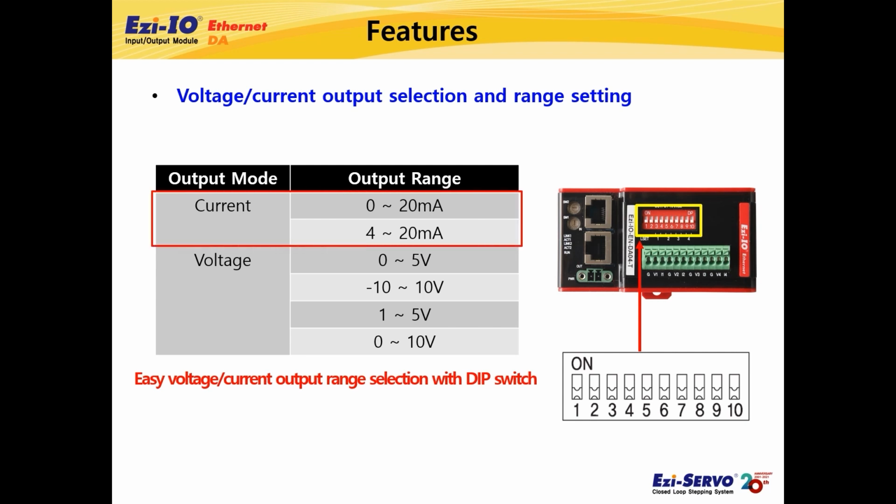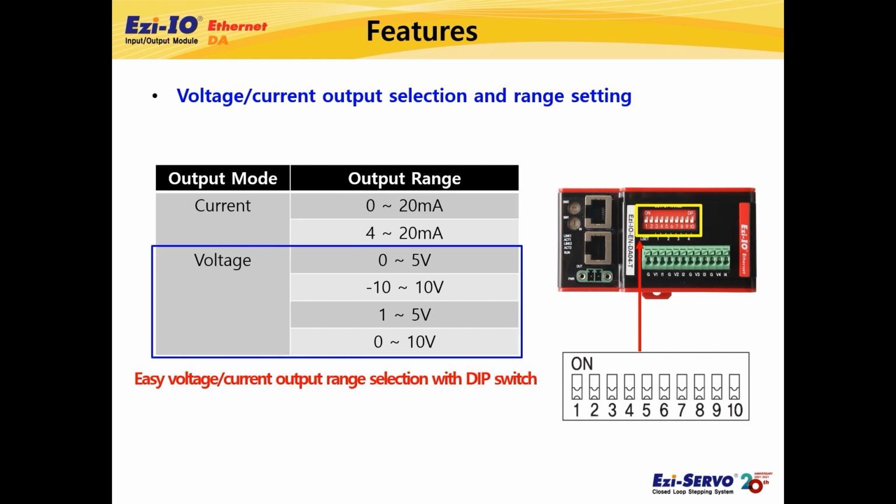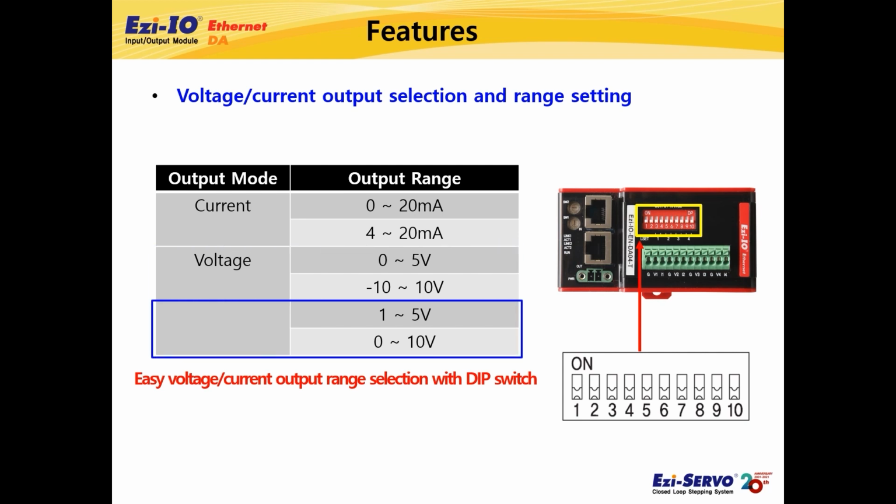For the current output range, there are 2 settings, 0 to 20 mA and 4 to 20 mA. For the voltage output range, there are 4 settings, 0 to 5 volts, -10 to 10 volts, 1 to 5 volts, and 0 to 10 volts. 1 to 5 volts mode and 0 to 10 volts mode can only be set by adjusting parameters with Ethernet communication.